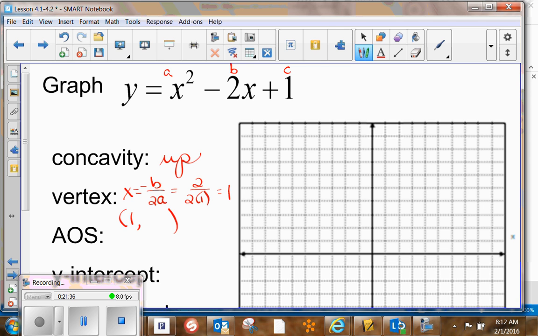I can't just say the vertex is 1. That doesn't do any good. So let's plug that 1 into the original equation for that y value. So that will be 1 squared is 1, minus 2 is negative 1, plus 1 is 0.